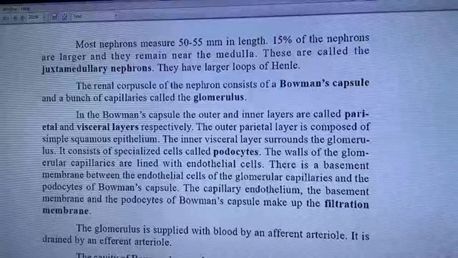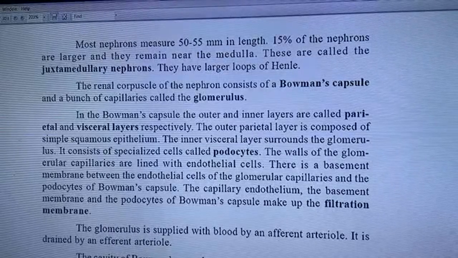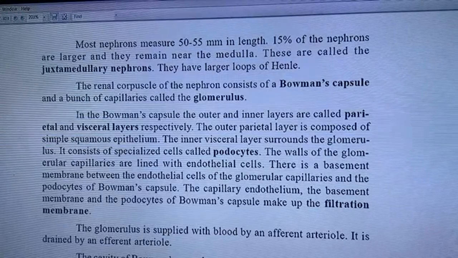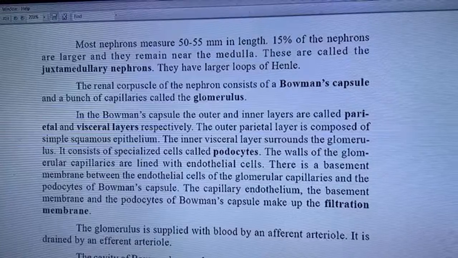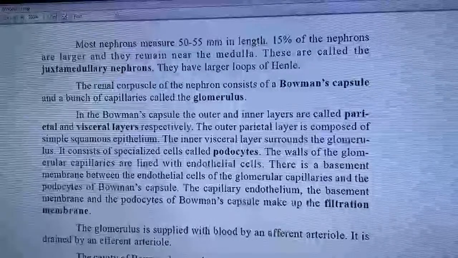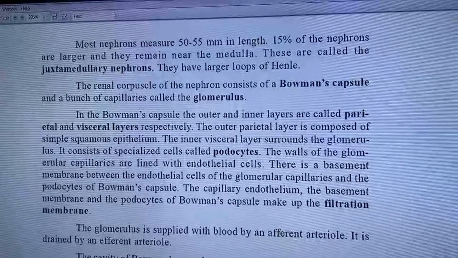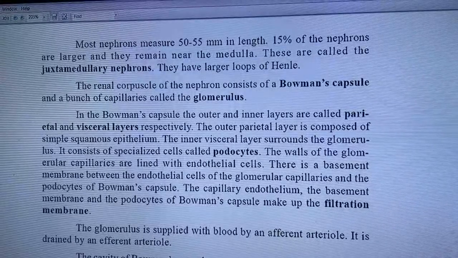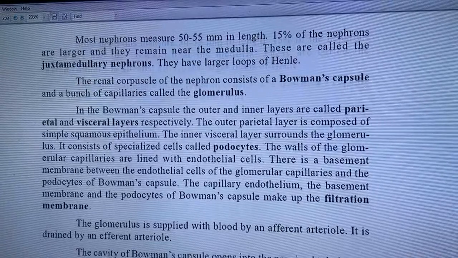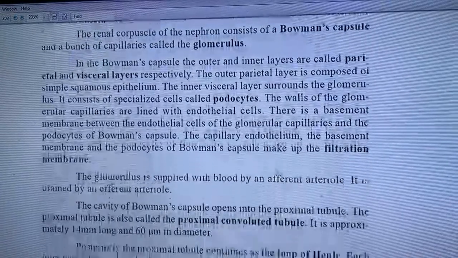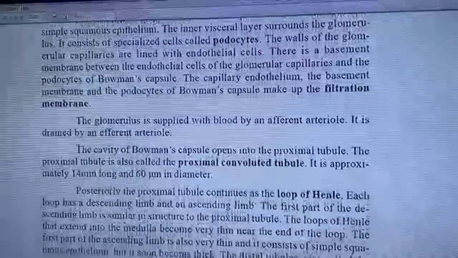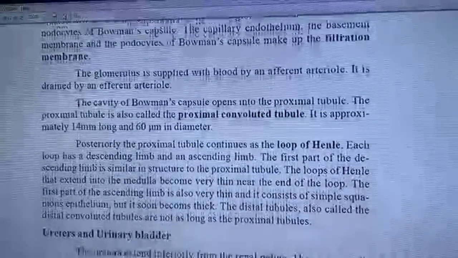The walls of the glomerular capillaries are lined with endothelial cells. There is a basement membrane between the endothelial cells of the glomerular capillaries and the podocytes. The endothelium, basement membrane, and the podocytes of the Bowman capsule make up the filtration membrane. The glomerulus is supplied with blood by an afferent arteriole. It is drained by an efferent arteriole.